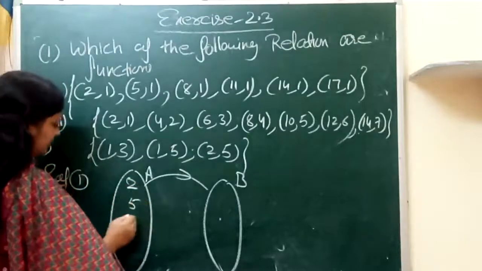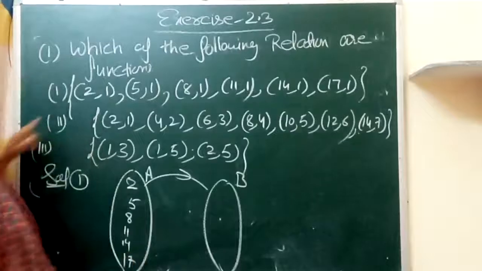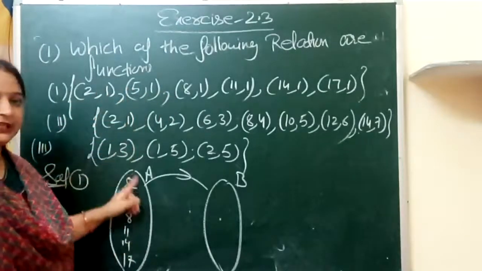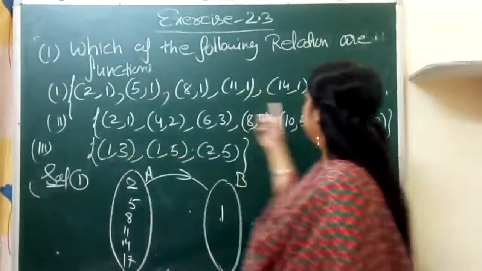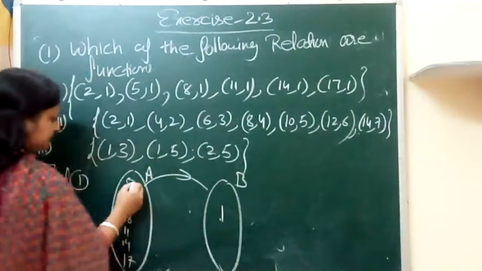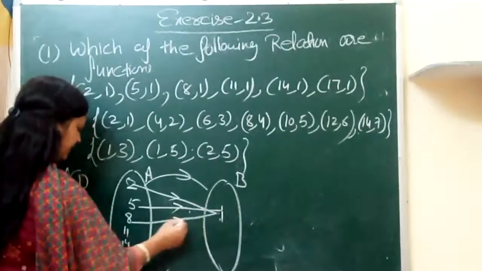Set A is the domain, and the range is only one single element, that is 1. So it means (2,1), (5,1), (8,1), (11,1), (14,1), (17,1).